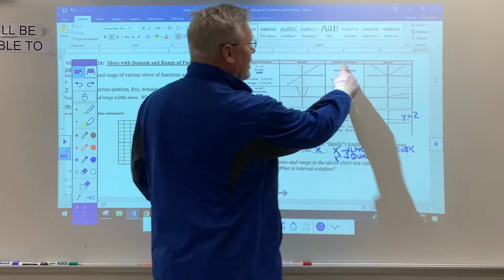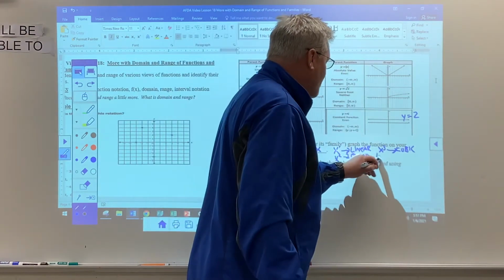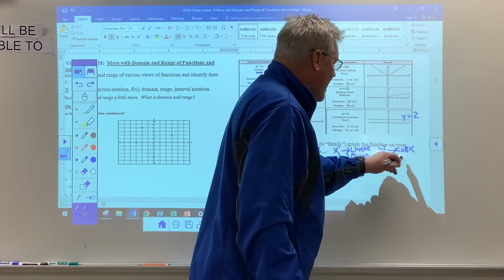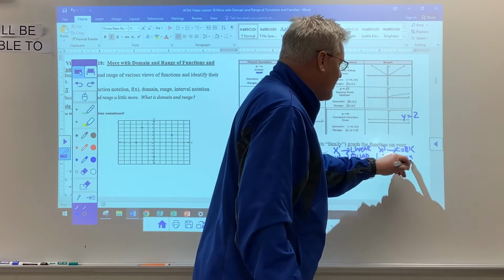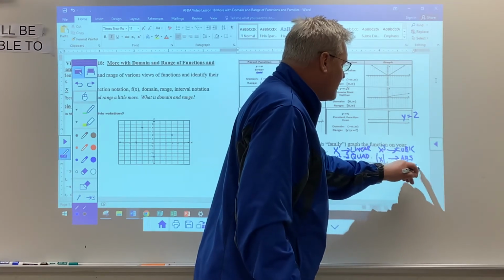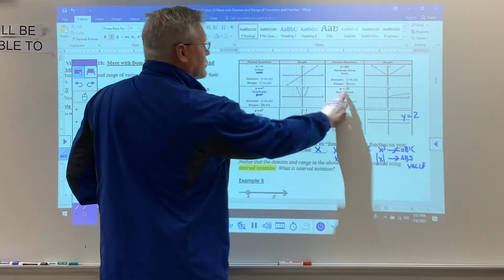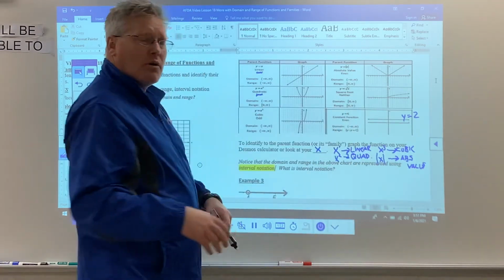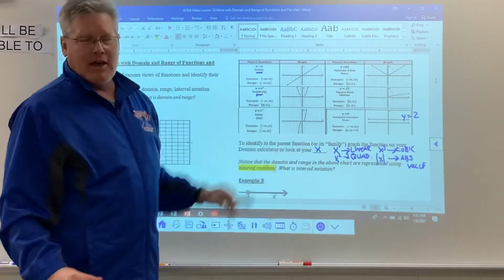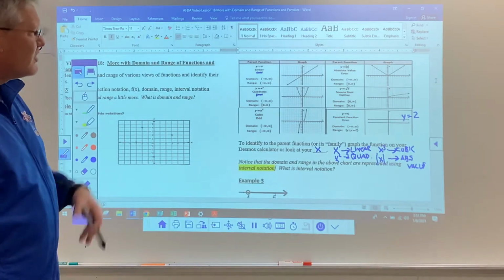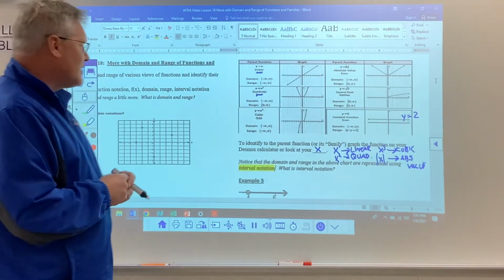You can come over here and the x is in absolute value brackets, and that's an absolute value function. Now, square root, constant. So these are not all of them, but those are a good cross-section of what we'll be visiting in this class.